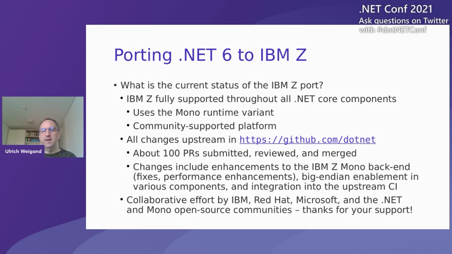One place that I had mentioned before where our architecture is a little bit different from, say, Intel and ARM is that we are a big endian platform as opposed to Intel, which is little endian. And some of the places we found did not work correctly on the big endian architecture, so we had to fix those. And finally, we actually also integrated our platform into the upstream CI.